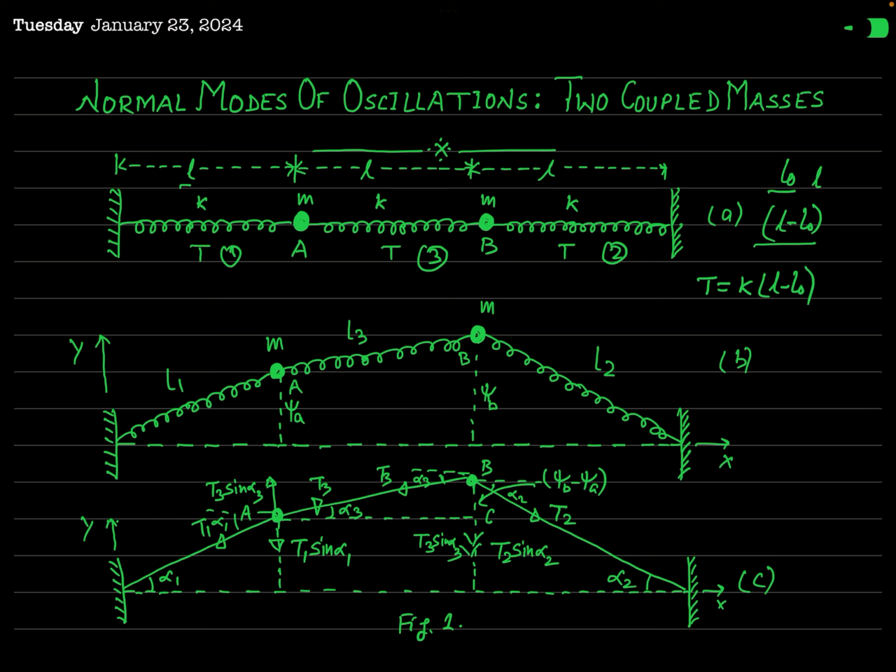So I have shown that in each spring in the equilibrium state the tension is T, and this T is equal to K times L minus L0.